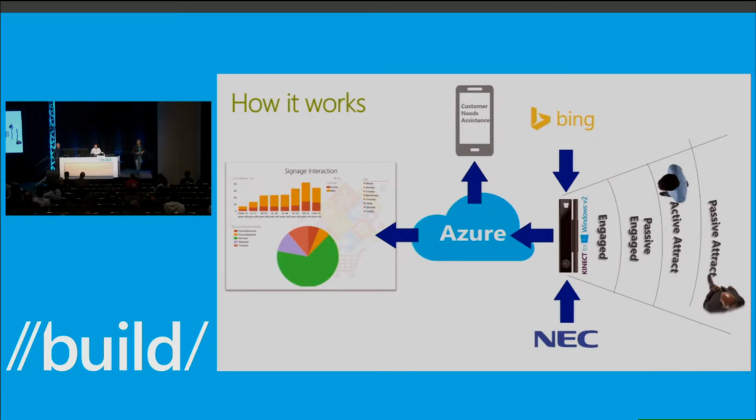Based on what they're doing, we're delivering content, pulling that from Azure, and then streaming the telemetry live into the cloud so that we can gain insight into what's happening. And then ultimately learn and react to things that might be going out of band. People are hanging out. They're looking puzzled. Can we reach out and help them?